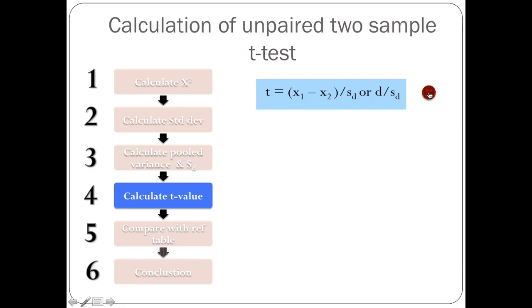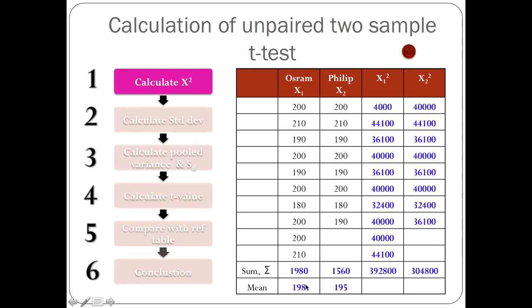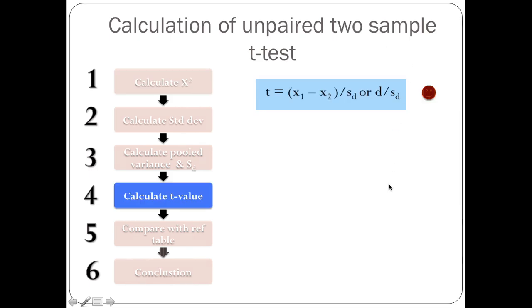That is what you have calculated in the first step. The mean x1 is 198, your x2 is 195. So bring in the numbers. The t-value is 198 minus 195 divided by 4.63. The number that you get is 0.65.